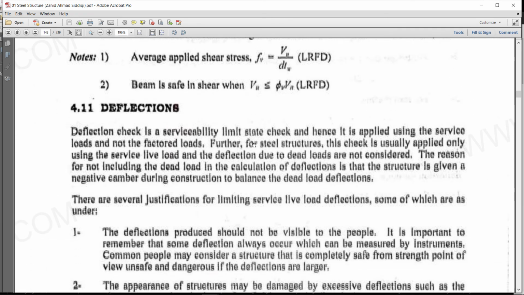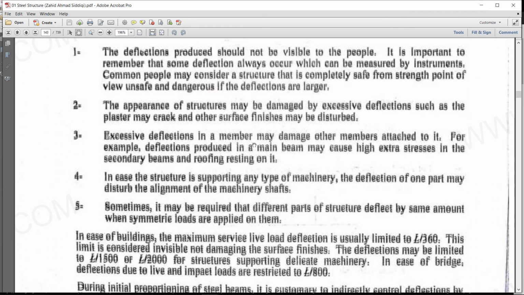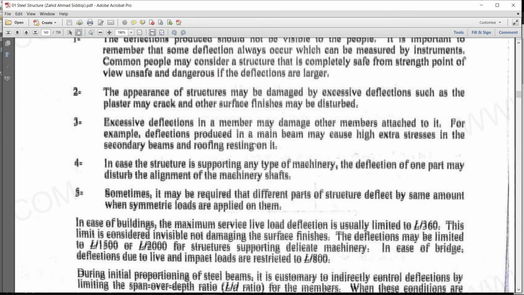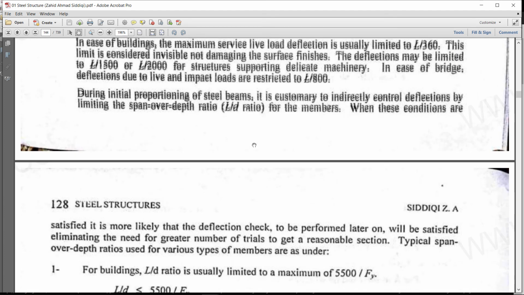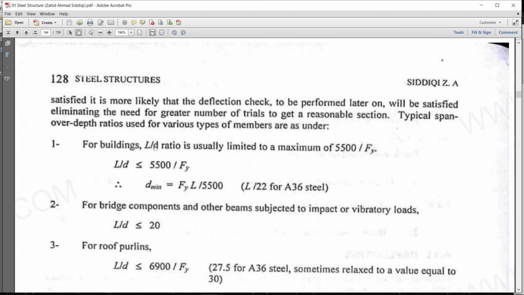So now the deflection criteria, that is the serviceability limit state. We also have to check our beam against the deflection criteria, or you can say the serviceability criteria. I will directly go to the conditions. For buildings, the L over D ratio is usually limited to a maximum that you should follow, meaning the length of the span and depth of the section.